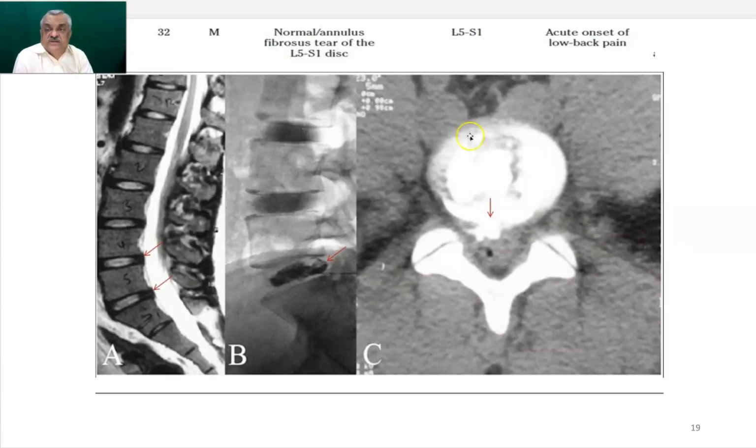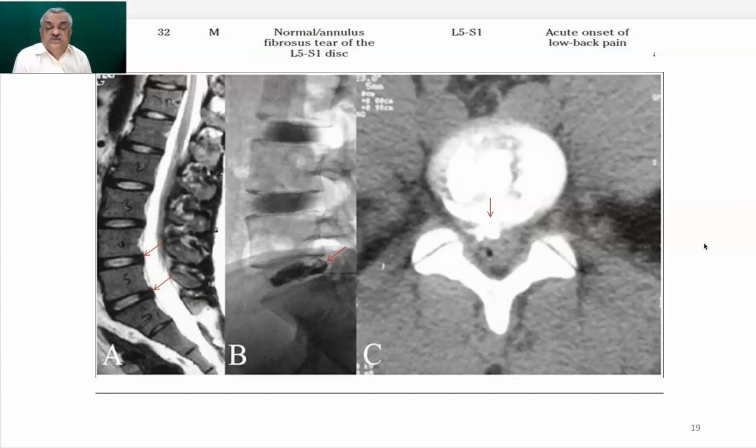Now this is another patient who is a male aged 32 who came with acute onset low back pain, and the pain was more horizontal than vertical, and here the scan looks more or less normal, but a discogram shows an annular tear at L5-S1, which with a post-discogram CT shows the dye which is coming here, which is more in the center of the disc and giving rise to irritation of the tissue anterior to the dura, and at the edge of the PLL will give rise to pain.